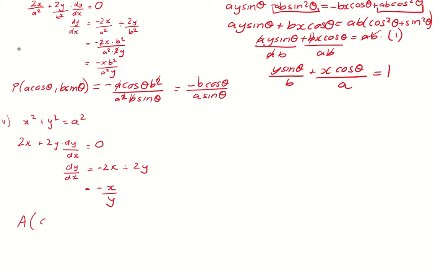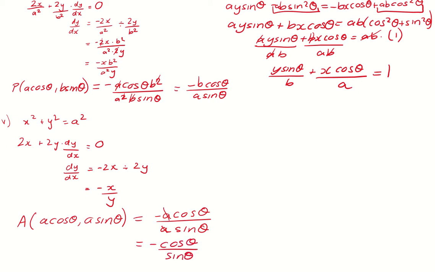The radius is a, so a cos theta, a sin theta, which is going to give me negative a cos theta over positive a sin theta. And my a's can cancel, which gives me negative cos theta on sin theta. So there's my gradient.